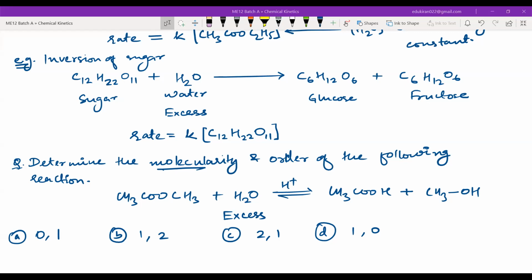This is ester, this is water. Ester and water, and this is the reaction. One of them is in excess.